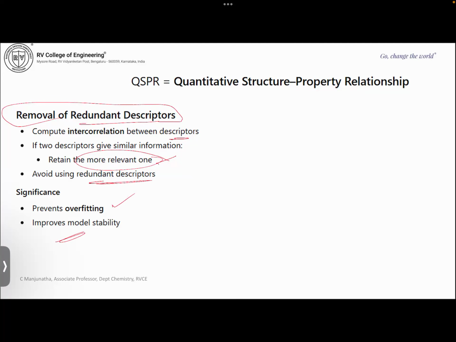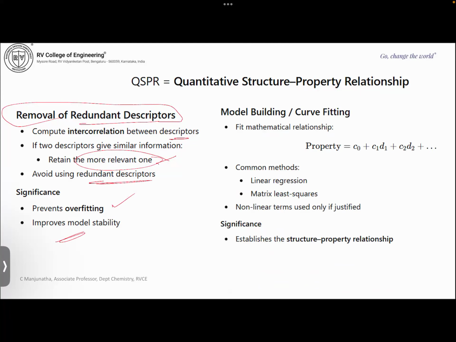Then the next stage is the model building. Once you remove the redundant descriptors, next you have to go for model building, that is also called curve fitting. For that, fit a mathematical relationship for a property like boiling point or melting point or any other, the dipole moment, the physical properties, right?